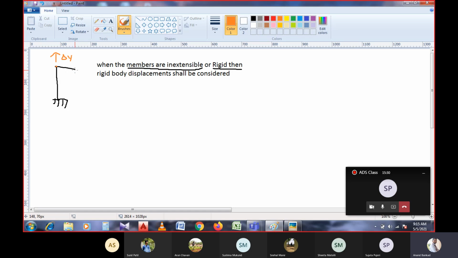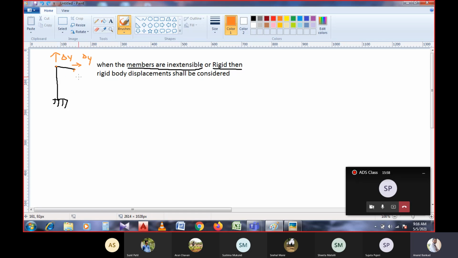At the same time, if you consider this one, where the member is rigid and inextensible, then again delta y is 0. So delta y displacement is restrained, and the degree of freedom vanishes in the direction of y. This is how the particular action may be considered.